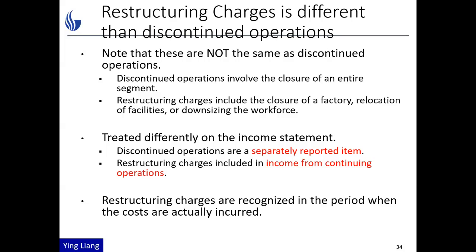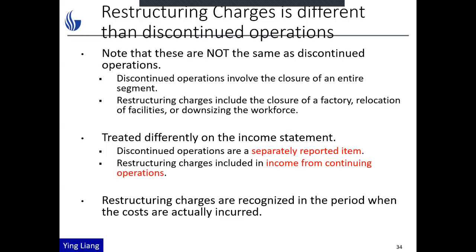For discontinued operations, the one that we just covered, it is reported as a separate item, right? It is reported below the net income on the continuing operations. But restructuring charges actually are included in the income from continuing operations. So one is within the big categories of continuing operations, but the other, the discontinued operation, is reported separately.